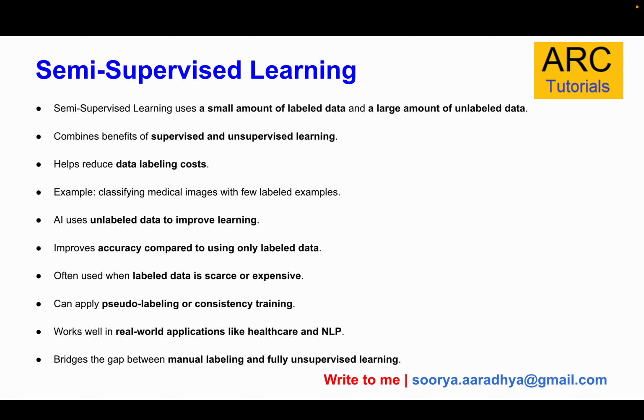It will drastically help you reduce the data labeling cost. AI uses unlabeled data to improve the learning. It improves accuracy compared to using only labeled data. It can also apply pseudo labeling or consistency training. It works really well in domains like healthcare, natural language processing, or say pattern recognition, etc.